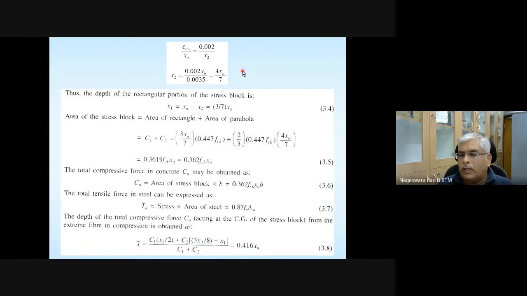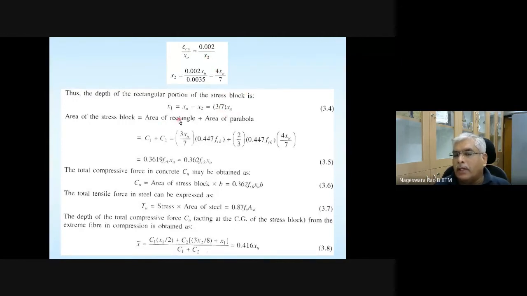Anyway, we already noted, you agreed with me, that for this semi-parabolic portion, the length over which it acts is given by 4 divided by 7 xu, and the depth of the rectangular portion of the stress block is 3 divided by 7 xu. So these two quantities are noted.